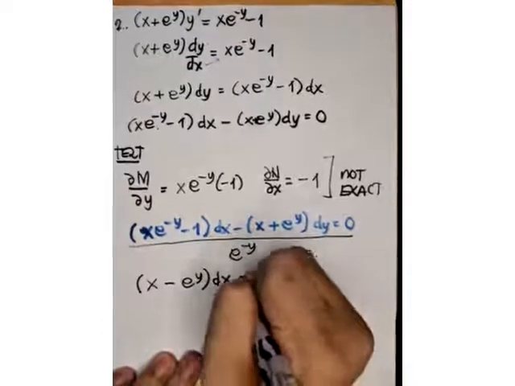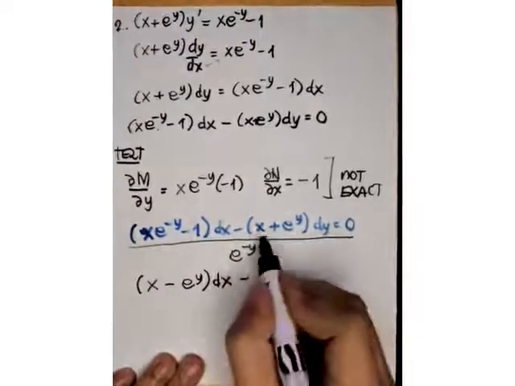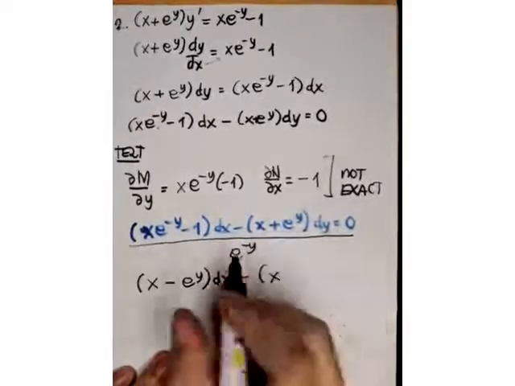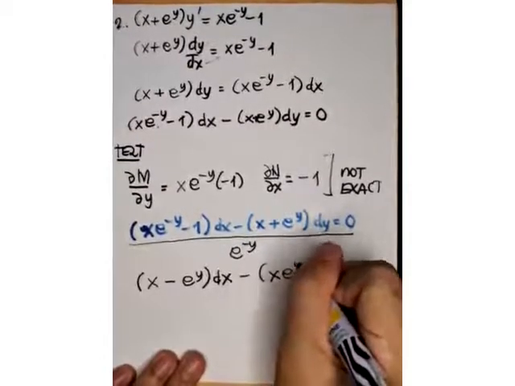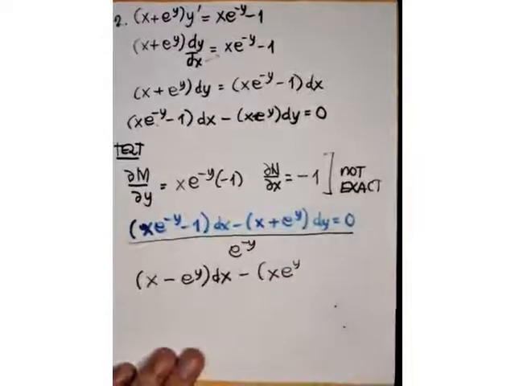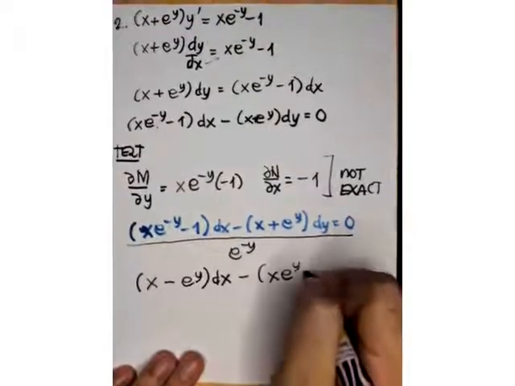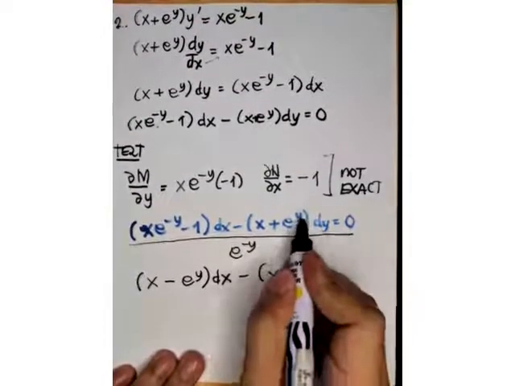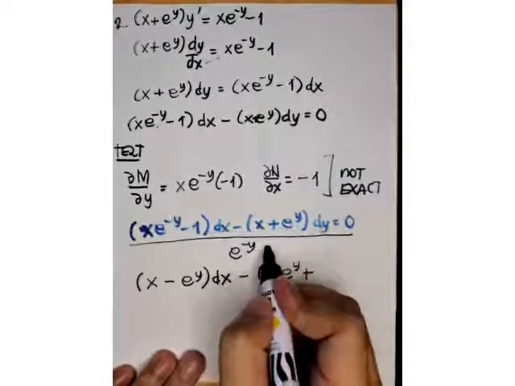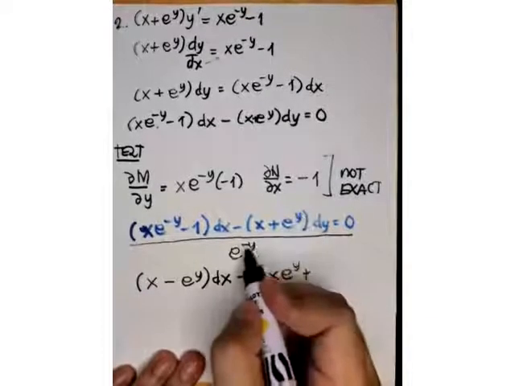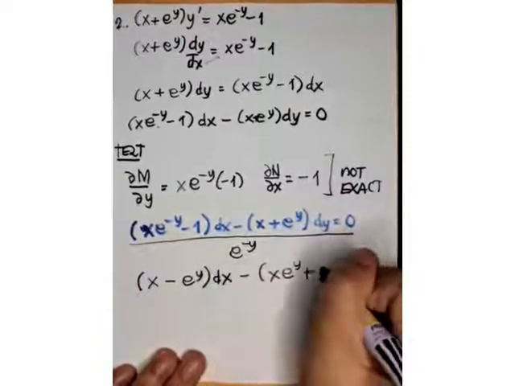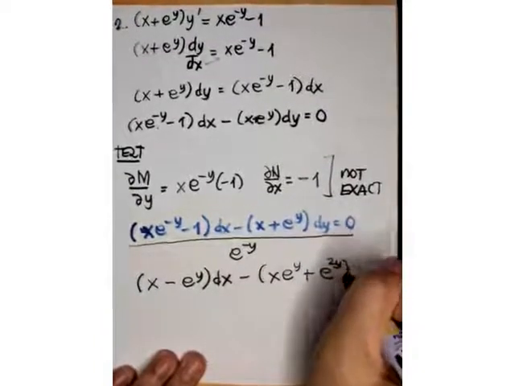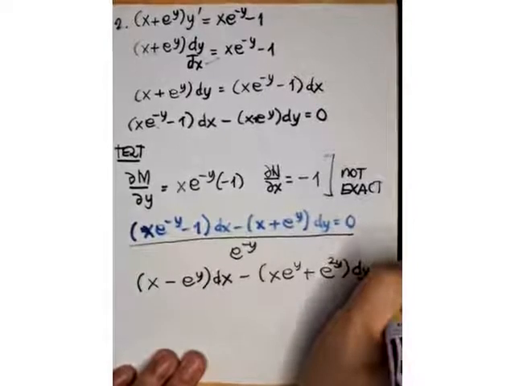Minus quantity x, itataas ko rin siya. So, magiging siyang e raised to y. Okay, plus e raised to y over e raised to negative y. So, that will be y minus negative y. So, that will be y plus y or e raised to 2y dy is equal to 0.